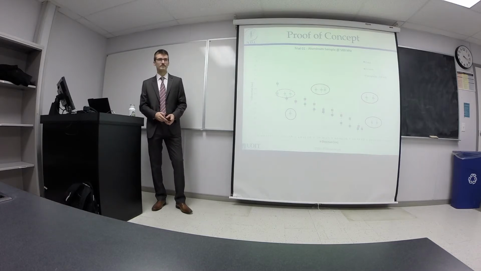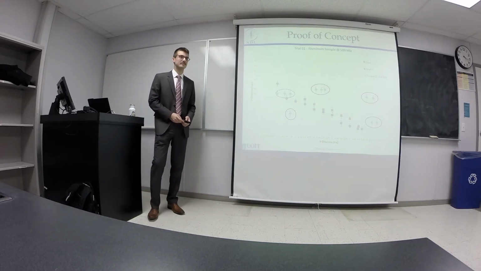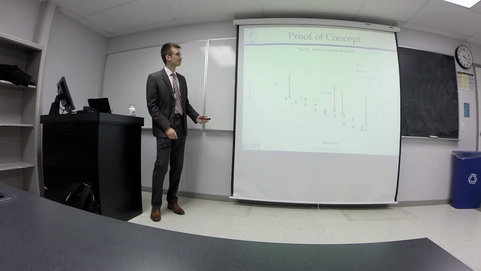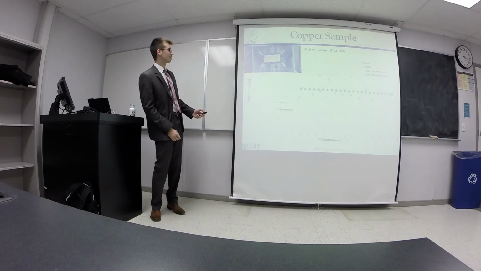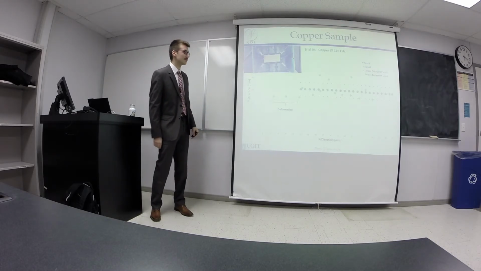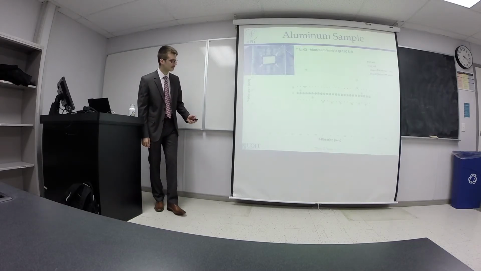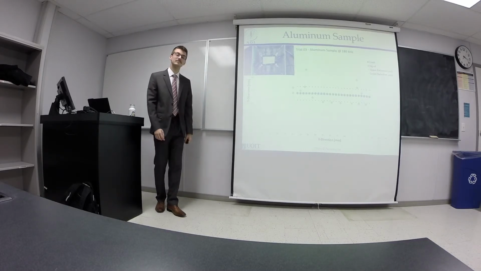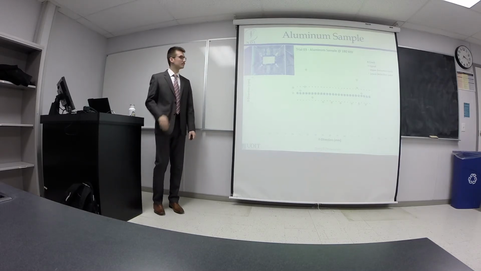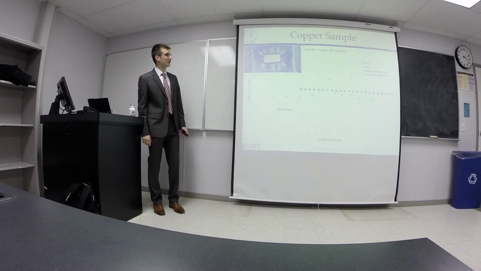Derwin: I noticed that your brass and copper samples were fairly accurate, relatively compared to your aluminum. Would this be due to the fact that, like, the second trial? Which one?